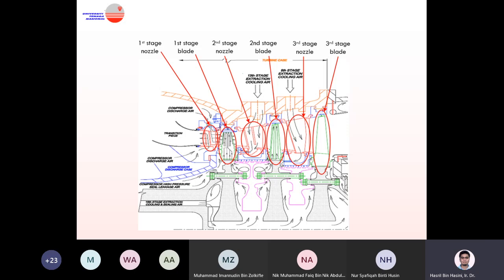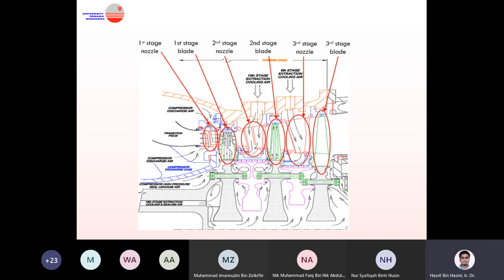We mentioned that in a turbine, the blade of your turbine will experience a very, very high temperature of the exhaust gas from the combustion chamber. When you talk about 1600 degrees Celsius, if you do not coat your turbine blade, it will melt.